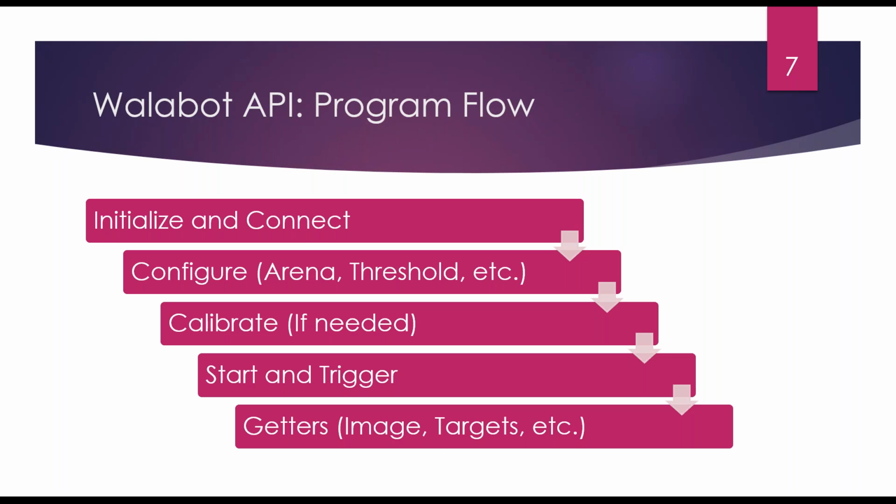And then you can use whichever getters you'd like. I'll get to that in a second. So that's the basic flow of a program. You need to initialize the Walabot, set up the configuration, calibrate if needed, start, and just start recording. Okay, let's get going.